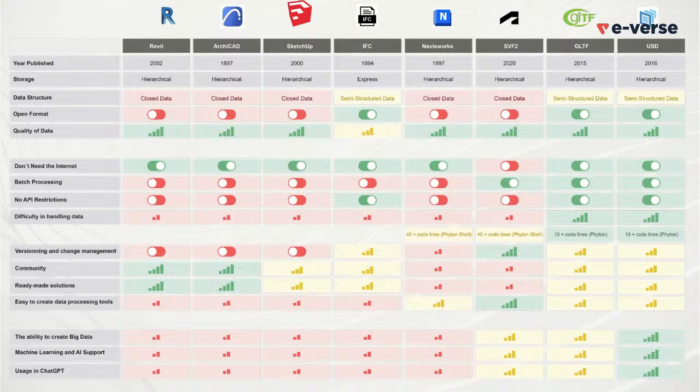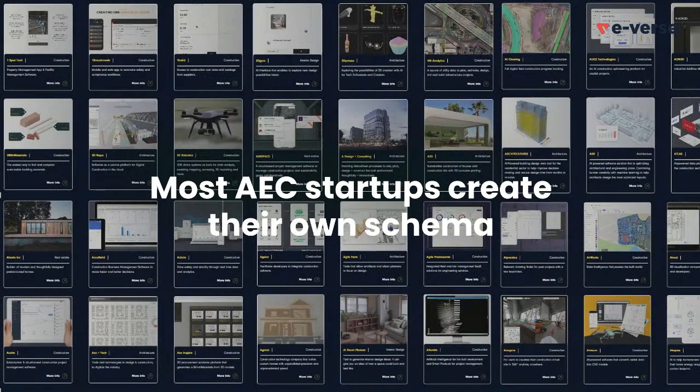And we didn't care about the format, to be honest. We just wanted a way to send quickly and efficiently data and analyze data from one place to the other. So we decided to end up creating our own schema.